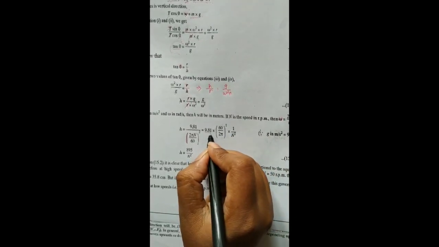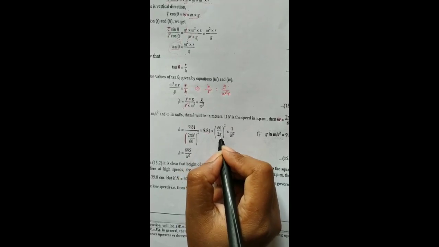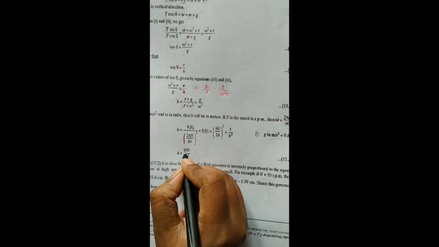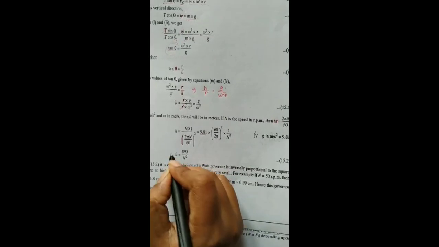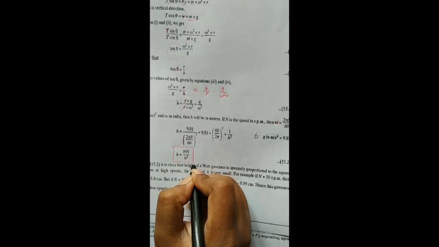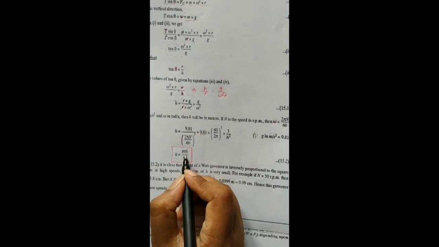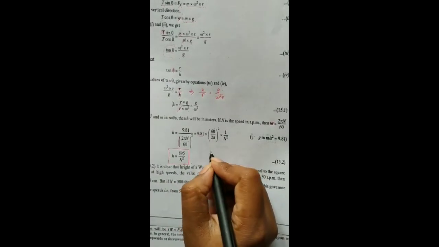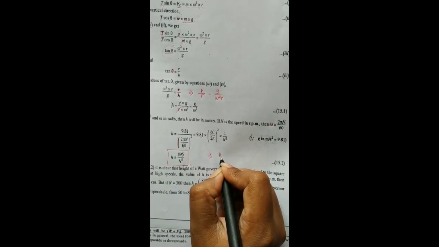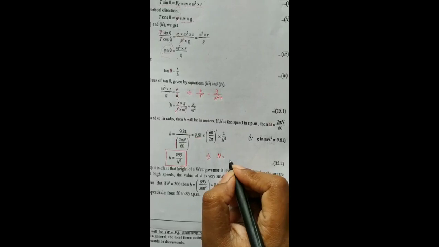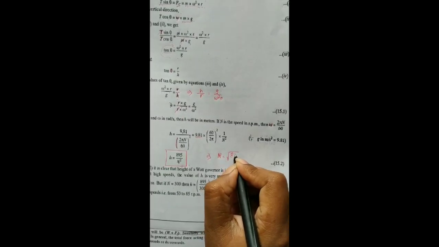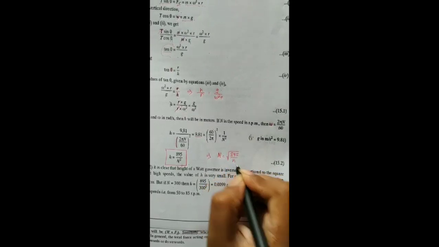Putting the values of 9.81, 60 and 2 pi, we get 895 by N square. So the height of the governor is H equal to 895 by N square. This is your final equation. Or we can write N is equal to root over 895 divided by h.